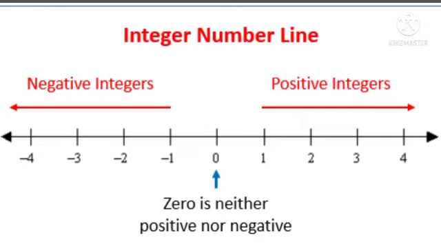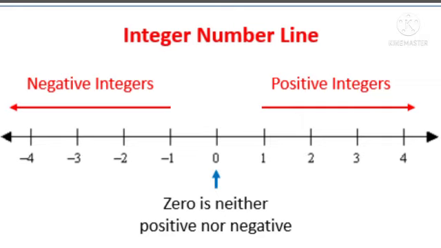Even on the left side of 0 we can write negative numbers: 0, -1, -2, -3, -4, -5 and so on to infinity. This arrow mark represents that the number line can be extended indefinitely.